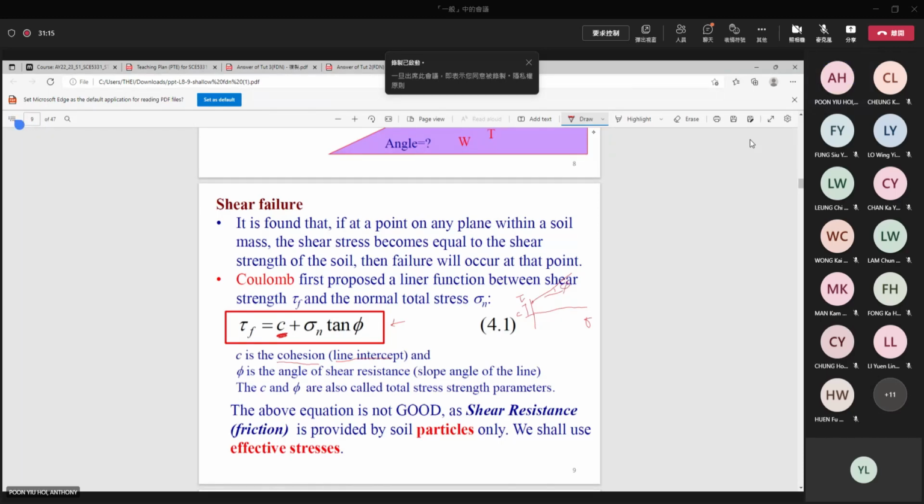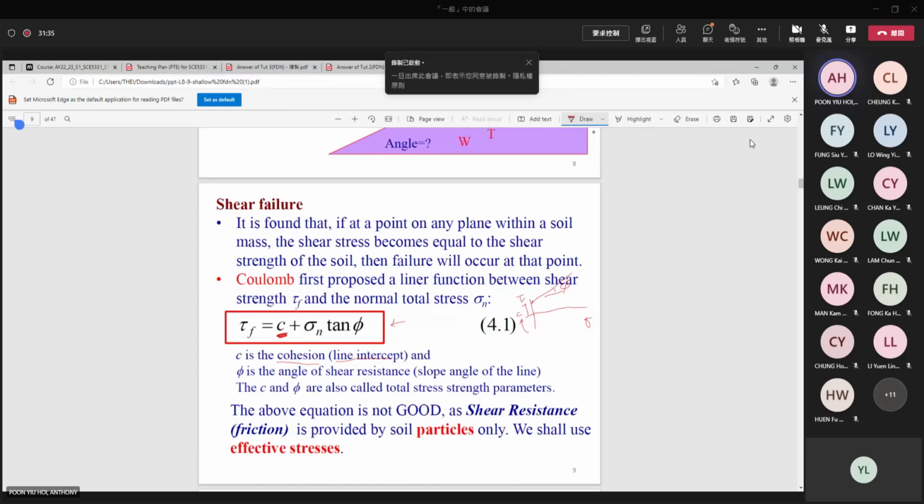Okay, so we used to call this cohesion, but bear in mind that whether or not there's true cohesion actually depends on different cases.